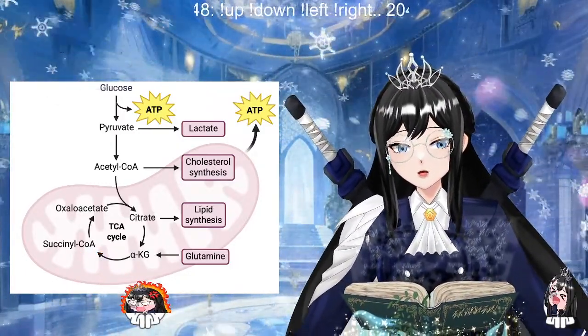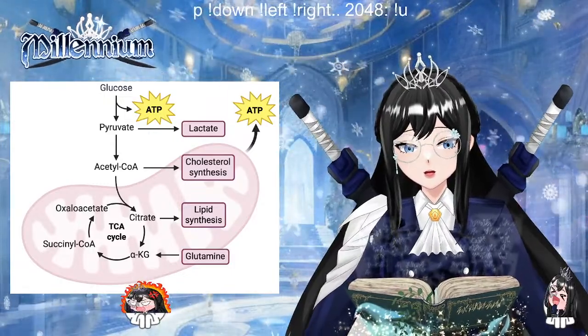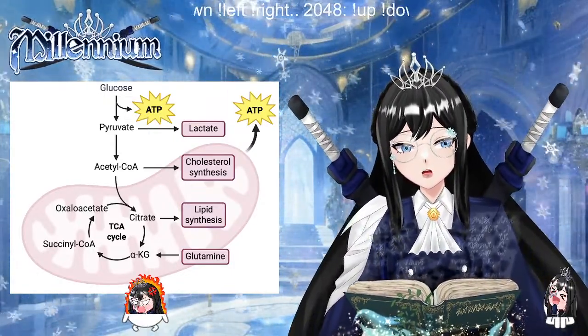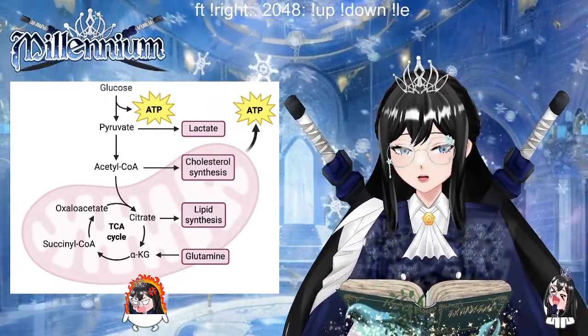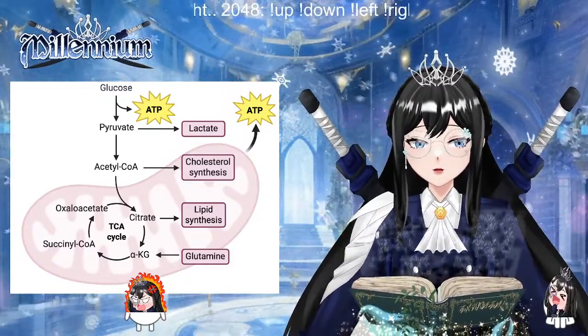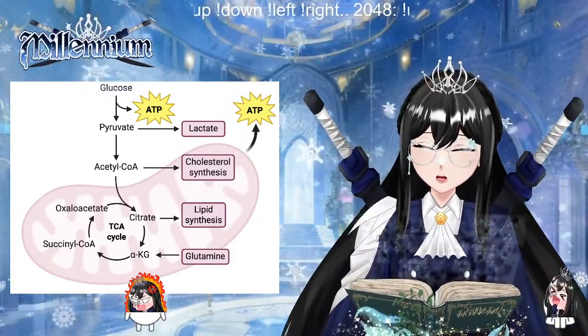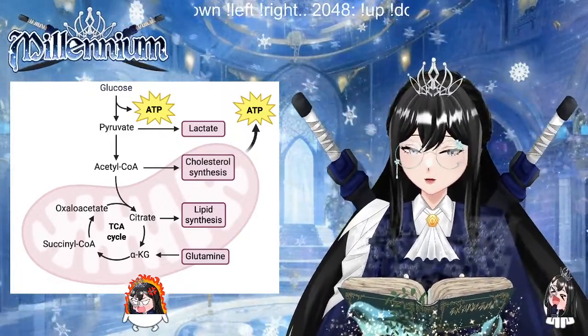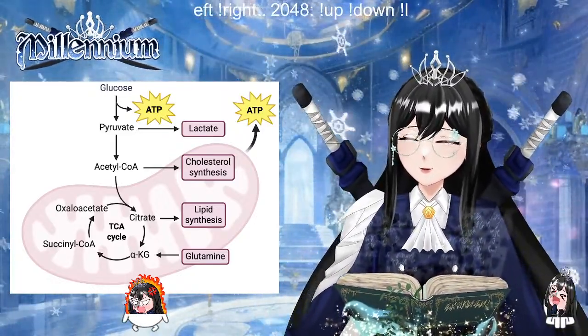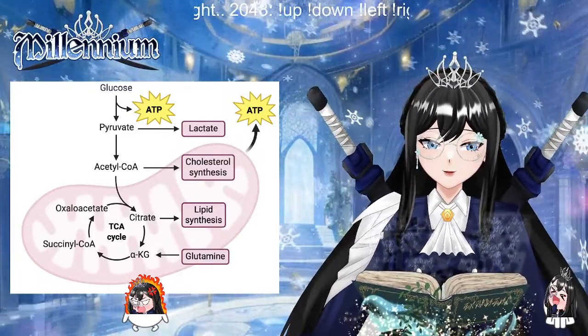So the net result overall of glycolysis is 2 ATP used in the investment phase, 4 ATP made in the payoff phase, so the net gain is 2 ATP. 2 NADH is made and 2 pyruvate is formed.